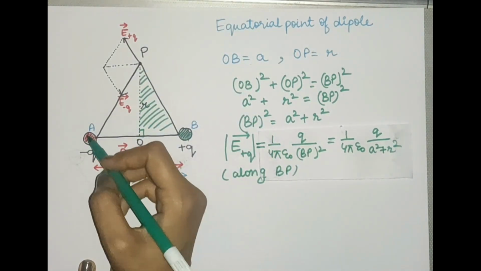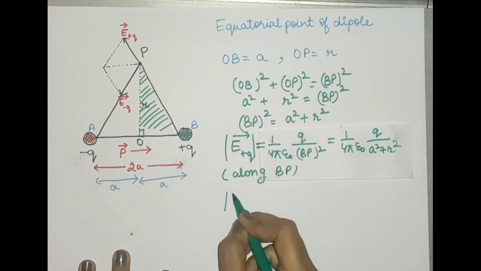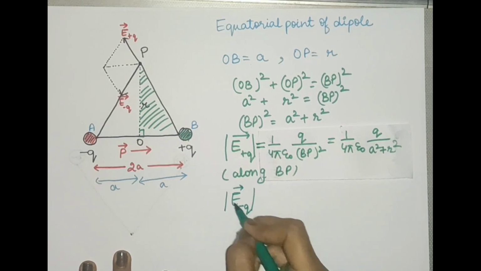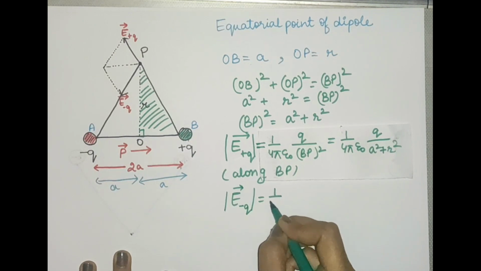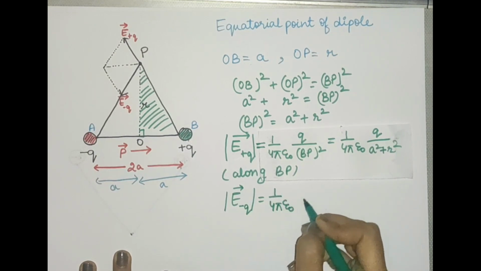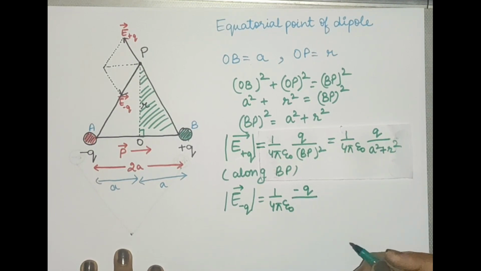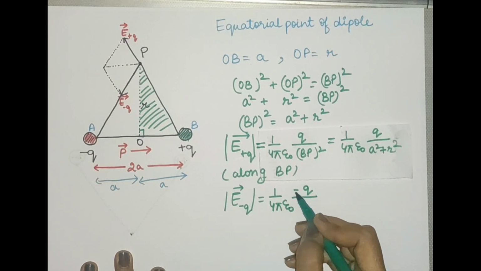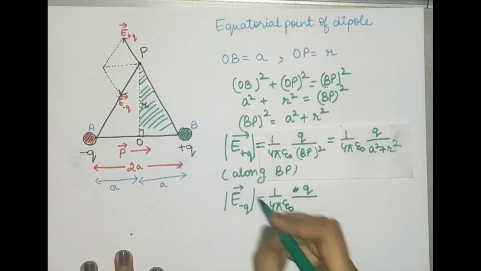Now let us try to find out the electric field due to minus q. We are taking the magnitude, so I am taking a magnitude symbol. Magnitude of electric field due to minus q will be 1 upon 4 pi epsilon naught, q upon AP square. Since we are talking about magnitude, we can neglect this minus sign.